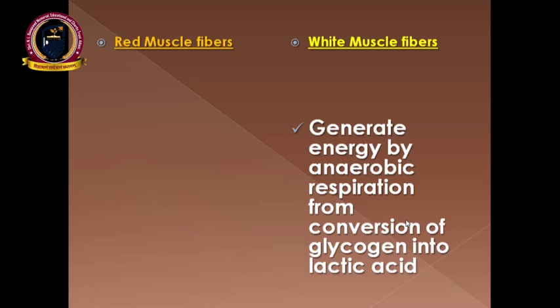Okay, and then that pyruvic acid will be converted to lactic acid. So like this, the glycogen is converted to lactic acid, and whatever energy is generated, that is used up for the functioning of white muscle fibers.